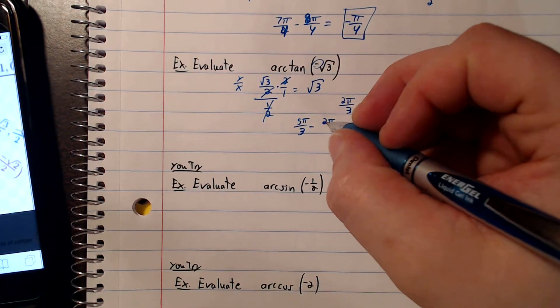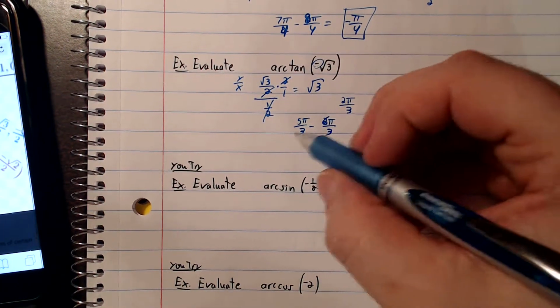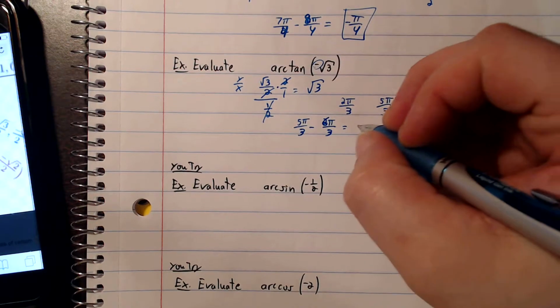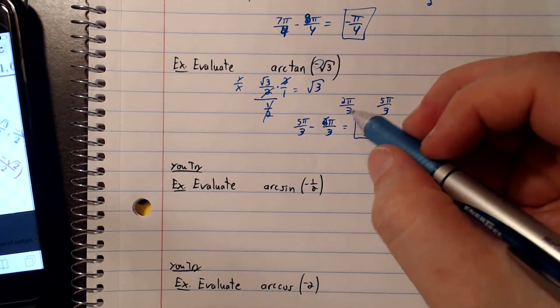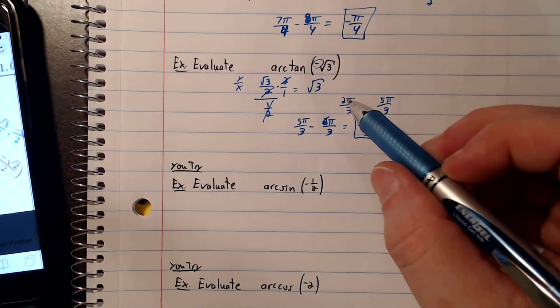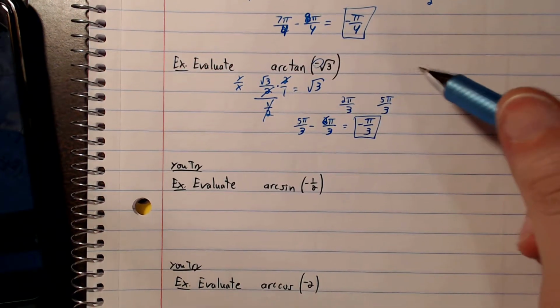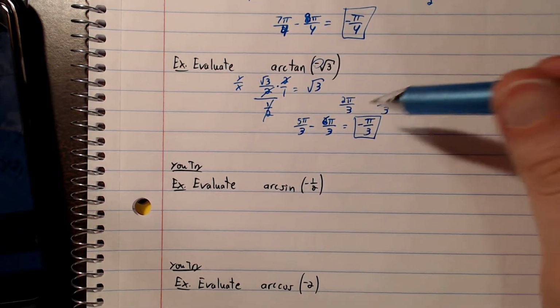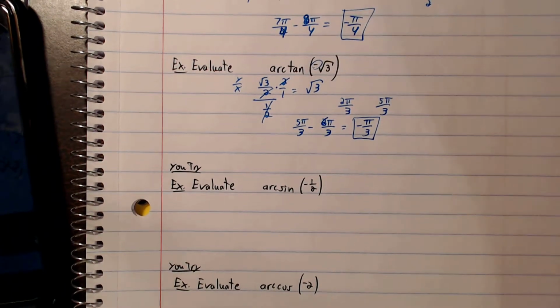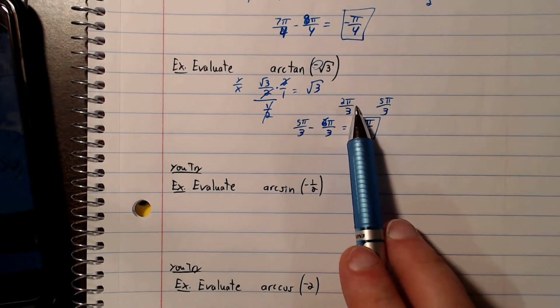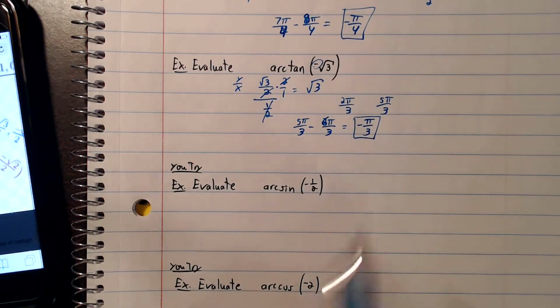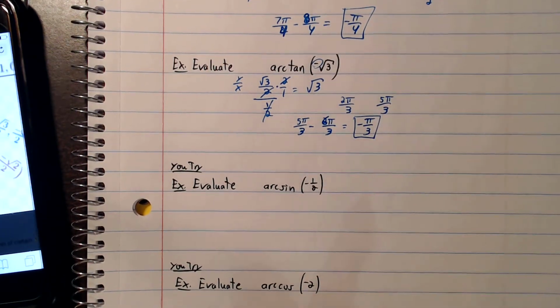Really, it's going to be 6 pi over 3 for my subtraction, and we get negative pi over 3. Again, if I tried the other one, subtracting 6 pi over 3, that would have given us 4 pi over 3, which is past the halfway mark. So that's why I chose this one. So even if you did the other one to start with, it's okay. You'd be able to see that that didn't work, and you move to this one.